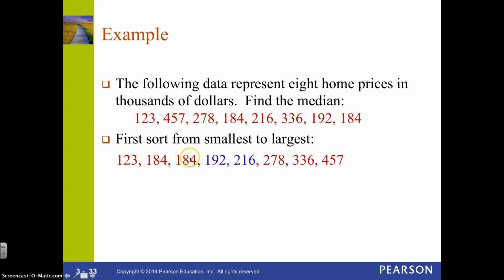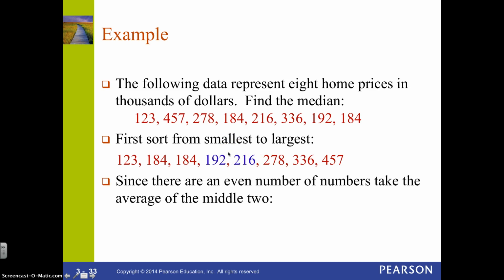So I count 1, 2, 3, 4, which puts my median in between the 4th and the 5th value. I could count from this end, 1, 2, 3, 4, and get that it's in between the two, because remember, we need to count 4.5. So I'm going to take the average of the 192 and the 216. It gives me 204. So my median is $204,000, and that represents these 8 home prices.